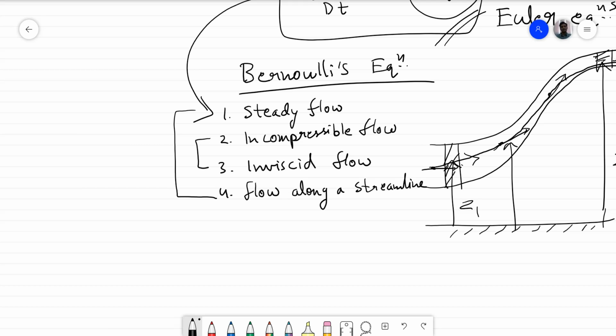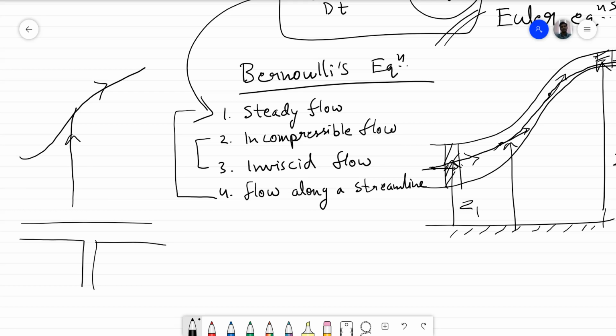If there is a flow in which, let's say, the streamlines look like this, it can easily happen in pipe flows. Let's say you have a pipeline like this and a second pipe is joined like this. Then you have a streamline which goes like this and a streamline which comes like that and joins here. Okay, this is one of the streamlines. Or it can be that the streamline is going like this.